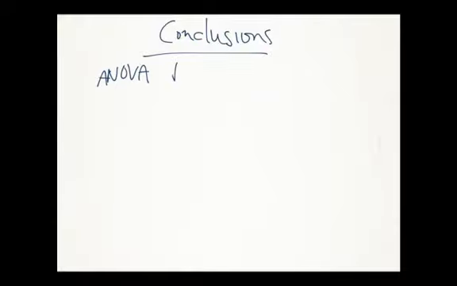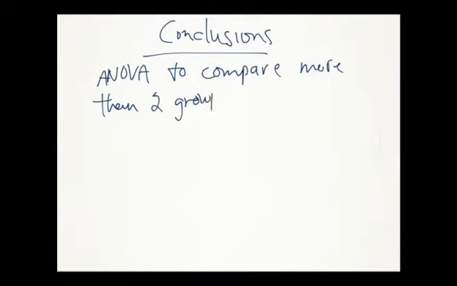So let's think about some conclusions to this section. So we use ANOVA to compare more than 2 groups on a continuous outcome.